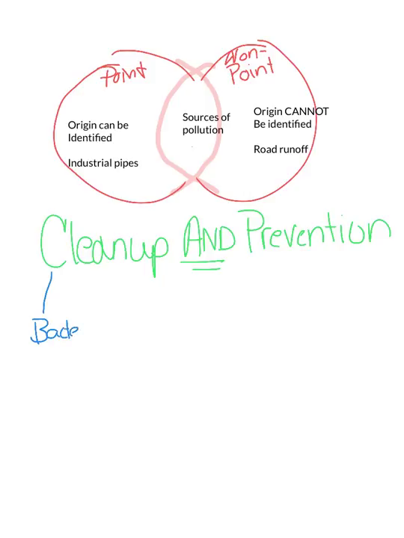We add it to the polluted water and the bacteria will eat away. We can use natural filters such as gravel and sand. And we can use a water treatment facility.